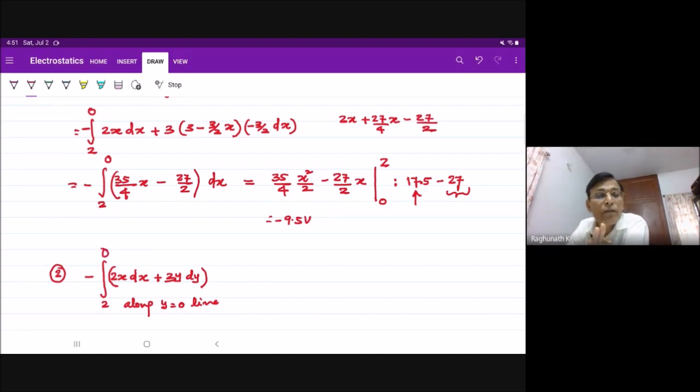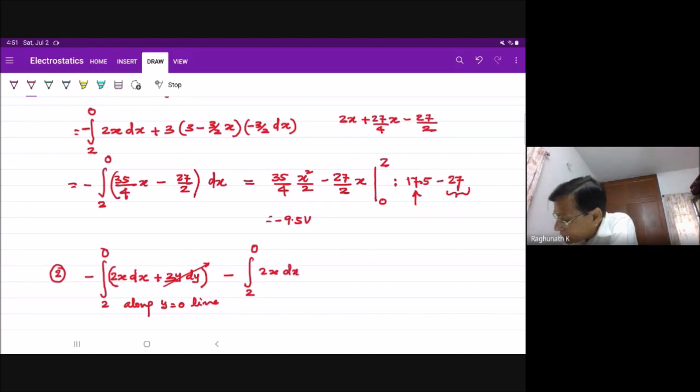In fact, this part is not there for us. Minus integral 2 to 0 again, 2x dx plus 3y dy along the x equal to 0 line. Correct?